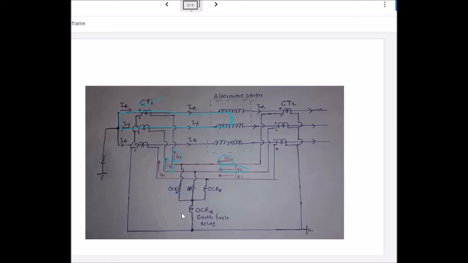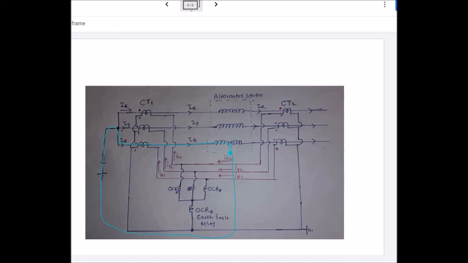Now if an internal earth fault occurs, for example on B phase to the ground through the stator core, the fault current flows like this: stator core to ground, ground to the neutral grounding resistance, and then it returns to the same phase. Again, this fault current flows through the CT1 set only and not through the CT2 set.